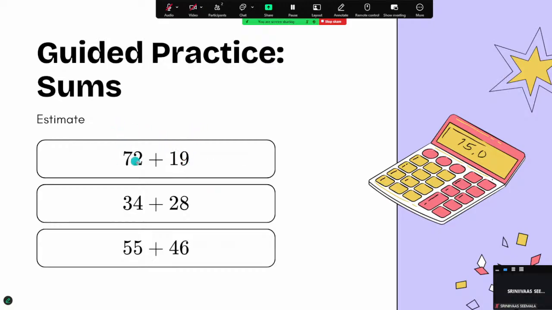So now I have 70 plus 20, which is 90. So 72 plus 19 is about 90. And you don't say equal to, you have to say about, because you don't know the exact answer. When you're estimating, you always use about.